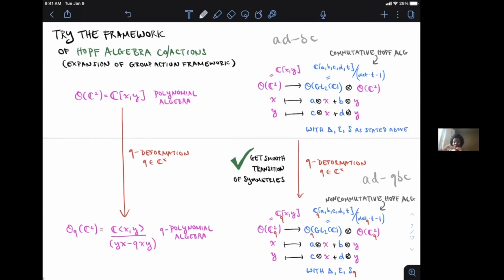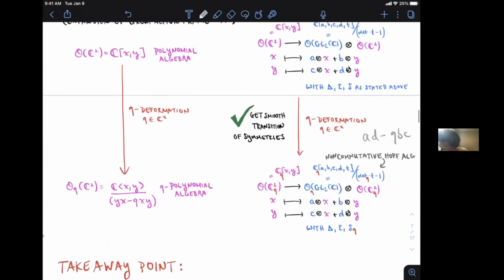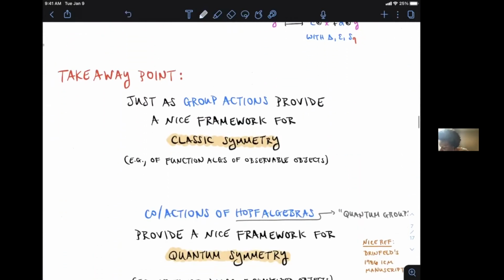Okay, so I hope I convinced you that at least we should think beyond group actions when we study symmetries, at least of non-commutative algebras or algebras that pop up in quantum physics. So that's a takeaway point.